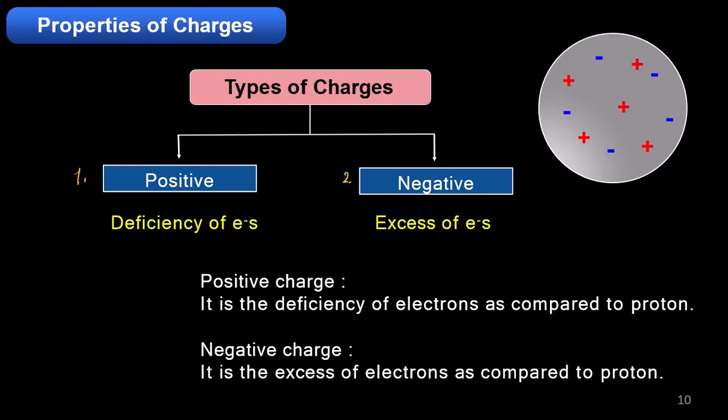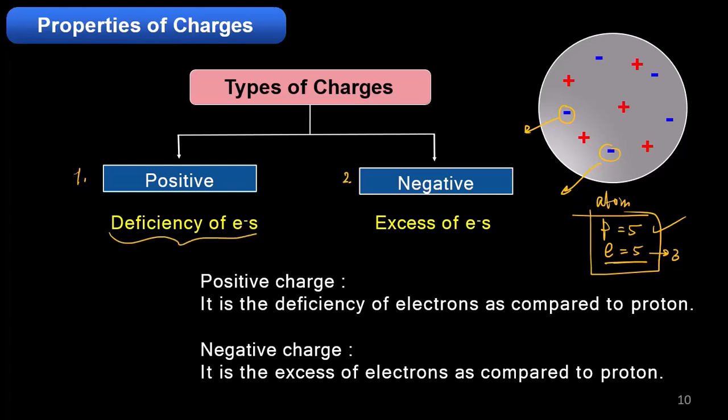Let us say this is the atom. Initially the atom is neutral. Why? Because the number of protons is 5 and the number of electrons is also 5. If I take out 2 electrons from here, the number of electrons becomes 3. The protons remain the same. Now the number of electrons is less than the protons, so there is a deficiency of electrons as compared to protons. Protons remain 5, but electrons become 3, so that is the positive charge.